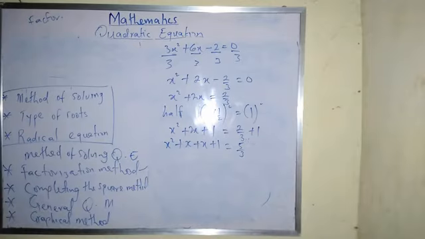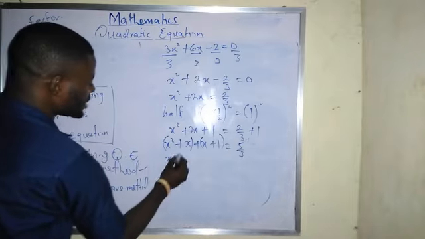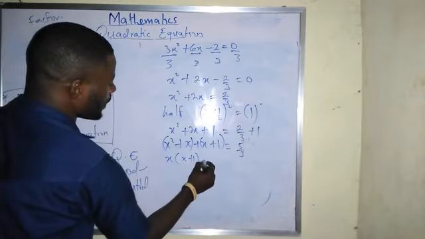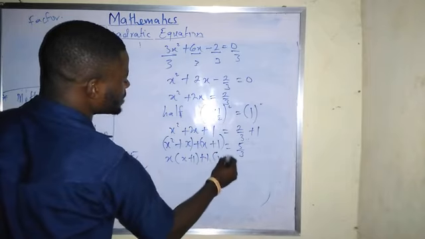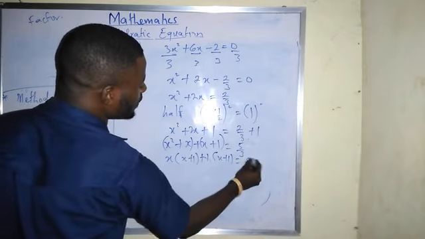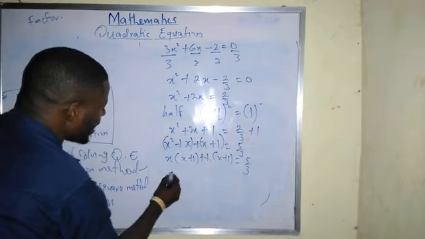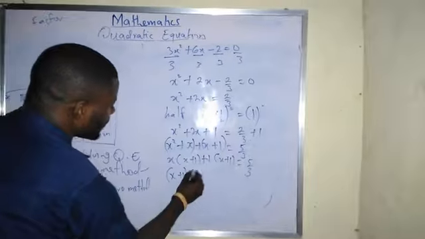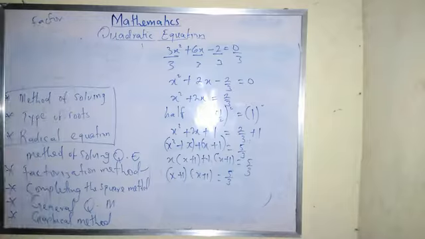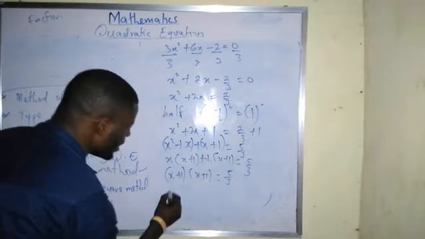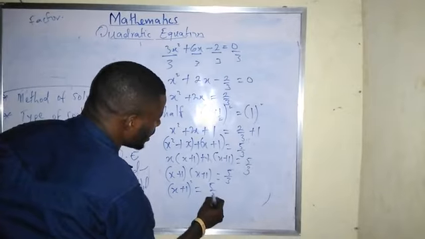Now, these two are the same. So x plus 1 all squared equals 5 over 3.